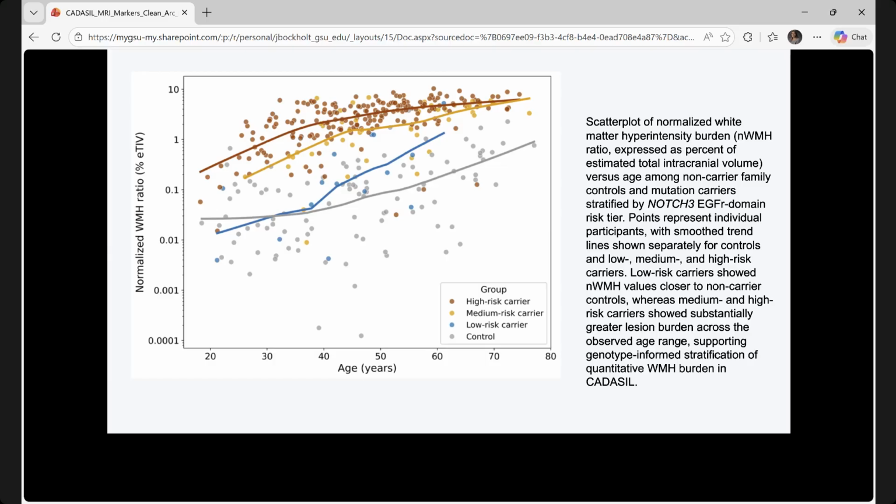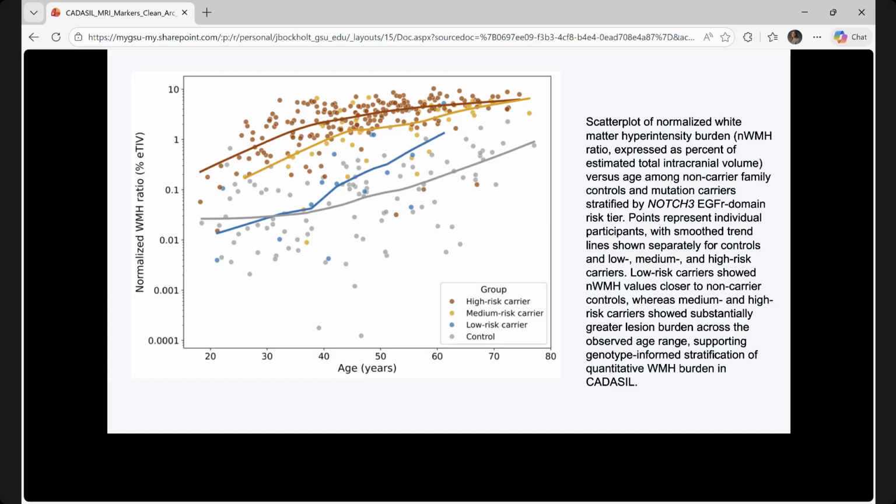There's a publication, Hack et al., that divides the mutations into 3 risk categories, and we matched that and plotted the lesion burden we're seeing. The rate of accumulation of burden is definitely distinct.